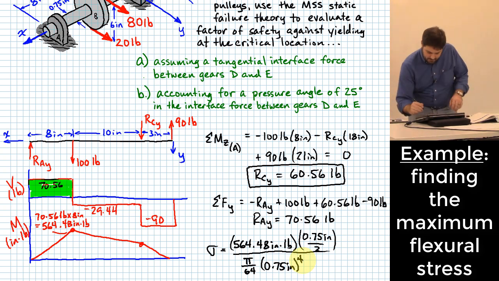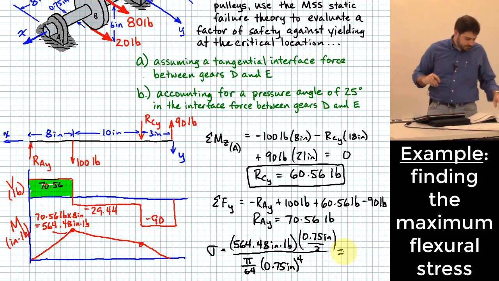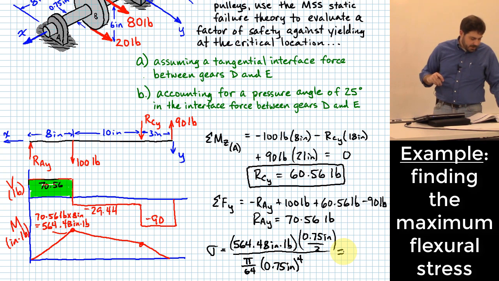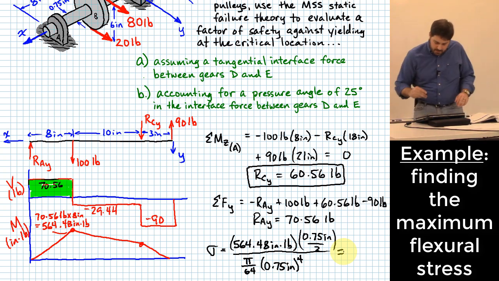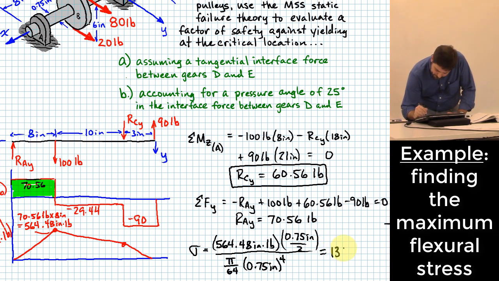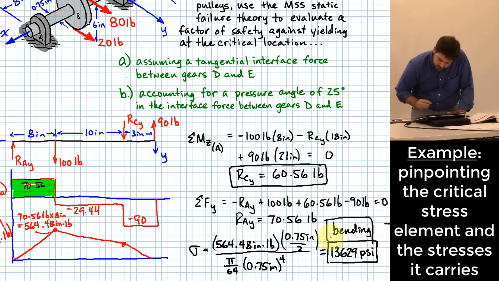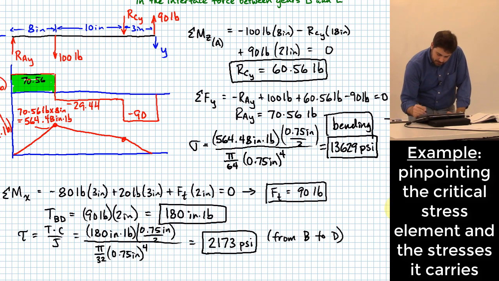And when I calculate all of that, it gives me 13,629 psi. This is from bending. I'm now going to need to combine that in some way with the value I had a second ago from torsion.